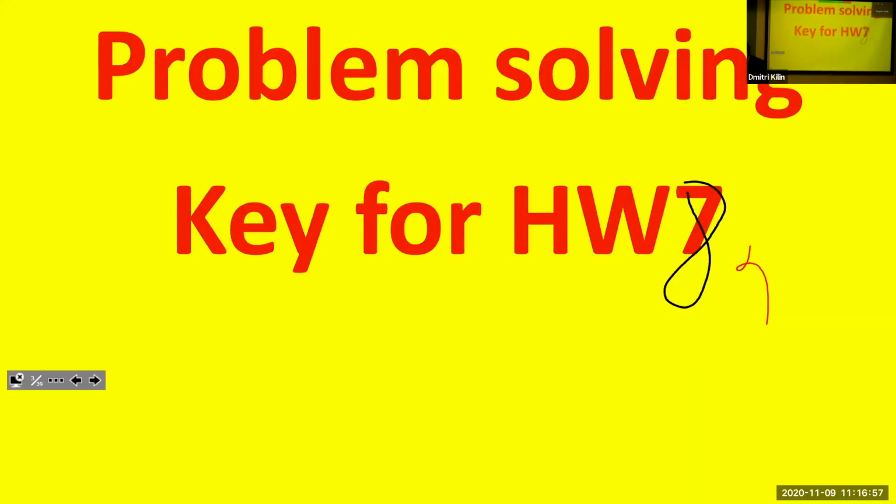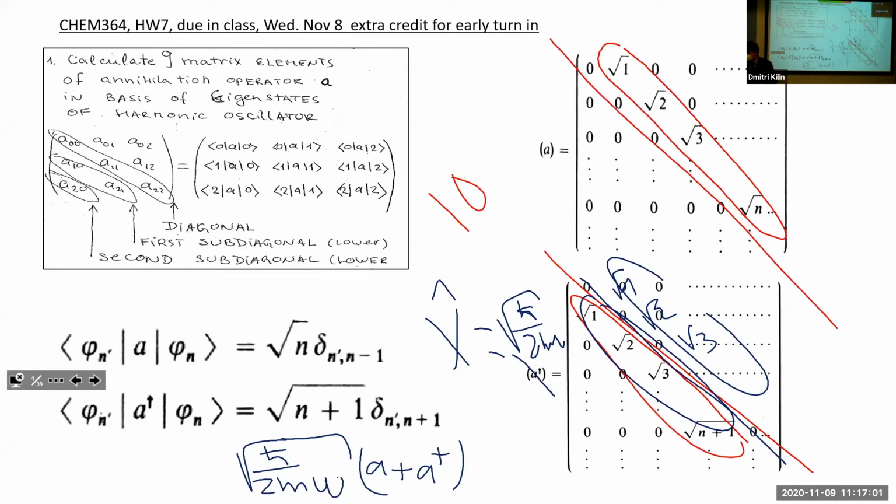I will show and announce some keys so that you feel more comfortable. The creation and initiation operators are different from each other by which of the subdiagonals they occupy.